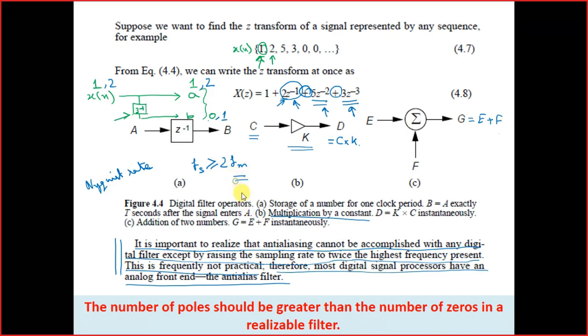FM is the maximum frequency component within a given signal. Say for example, we have an ECG signal whose frequency varies from 0.05 Hertz to 100 Hertz, and in some books you may find it up to 120 Hertz, but 100 Hertz would contain all the frequency components of the ECG signal.